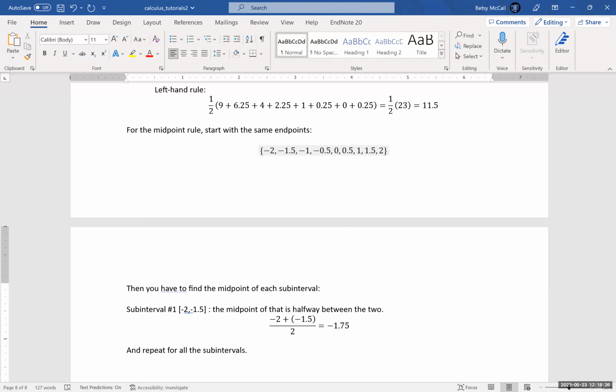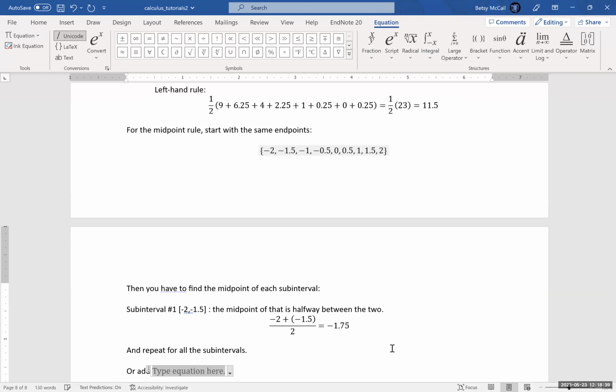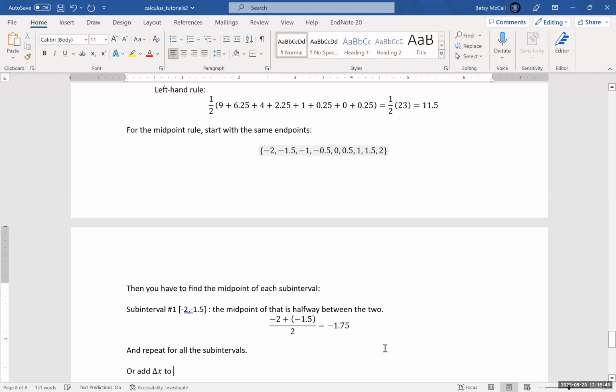Or the second way to find this is after you find the first one, then, because they're all equally spaced, simply add delta x to the starting value, until you get to 8 values. In this case it's 8 values, so you get to n values.